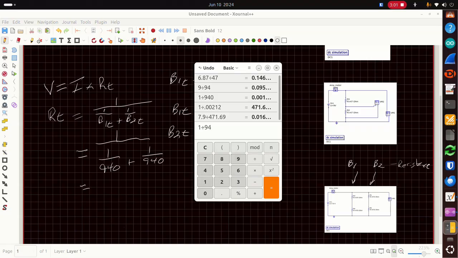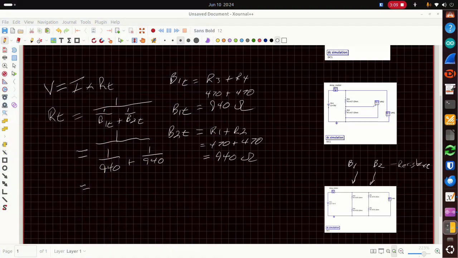So we're going to clear it and say 1 divided by 940 equals 1.06 milliamps.